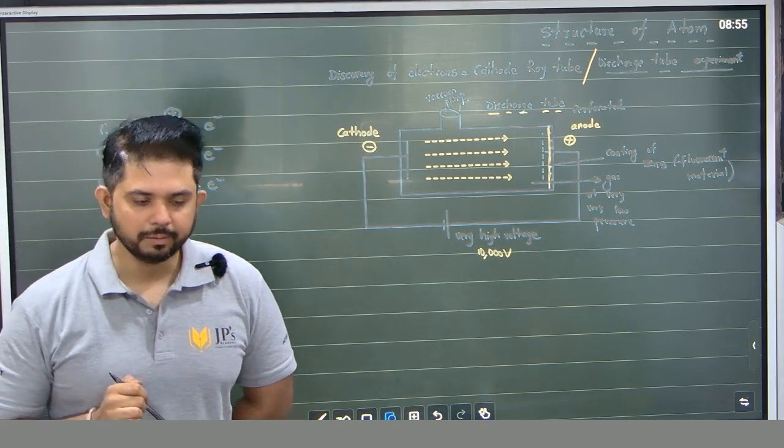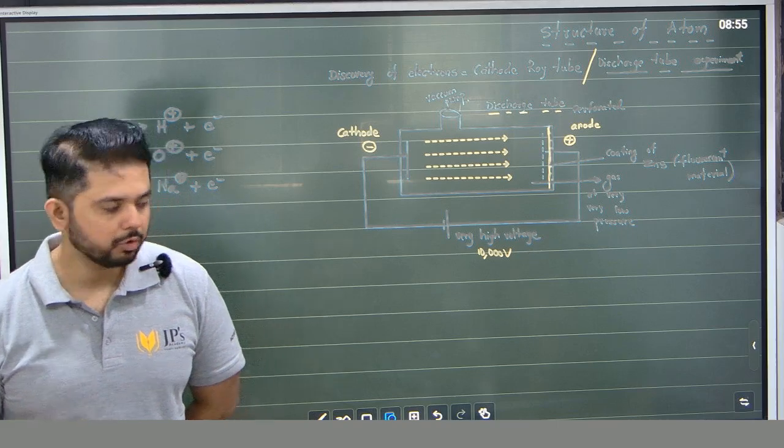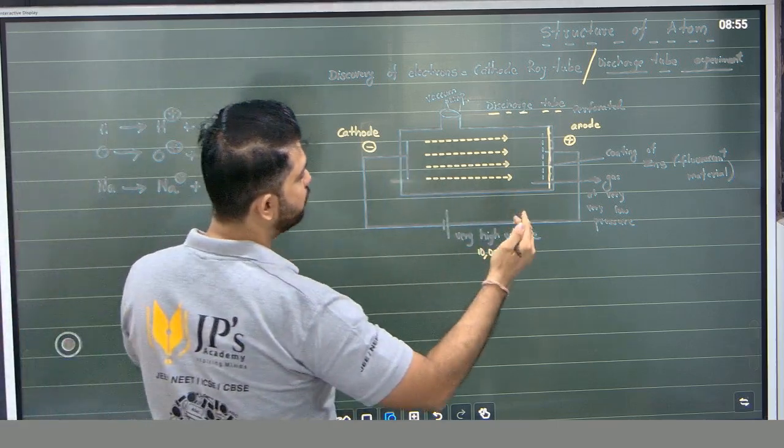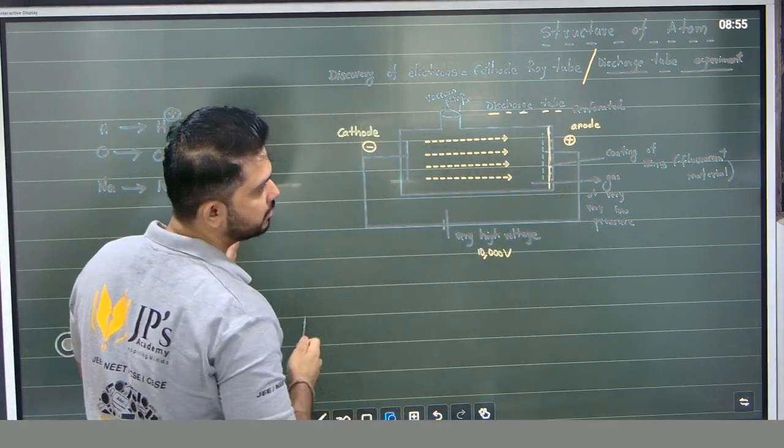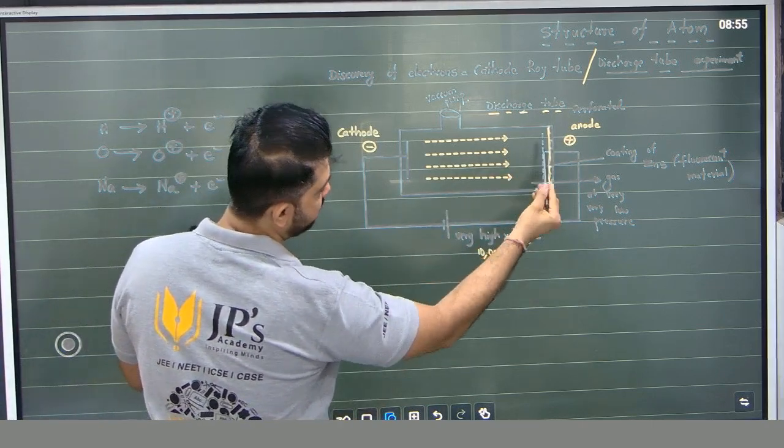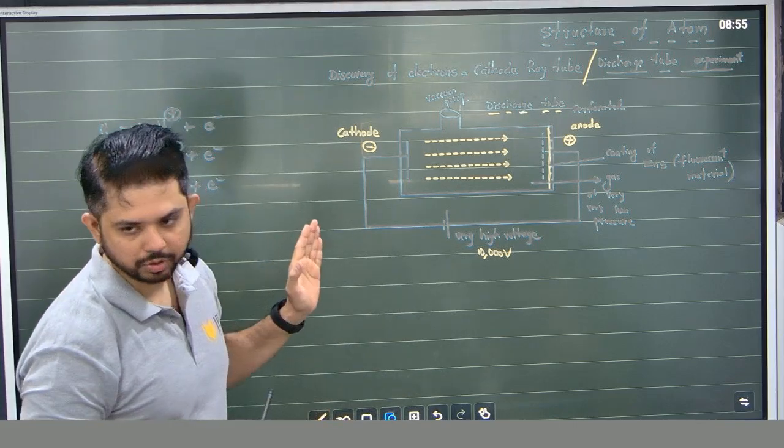Now, how did he come to that conclusion that particles are going from cathode towards the anode? Because obviously the spots observed are behind the perforated anode.